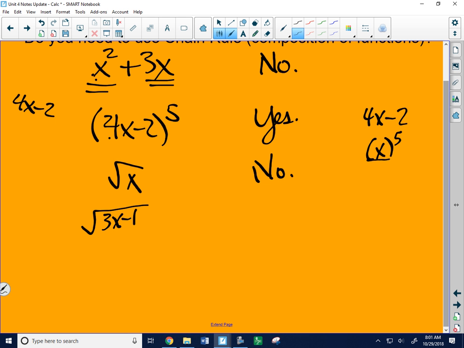Is there two functions in one there, or is there just one function? Yeah, the two functions. 3x minus 1 is a function, and then square root, I'm going to start calling it u, square root of something. Square root of x is your function, and 3x minus 1. I'm trying to show you the difference in these.